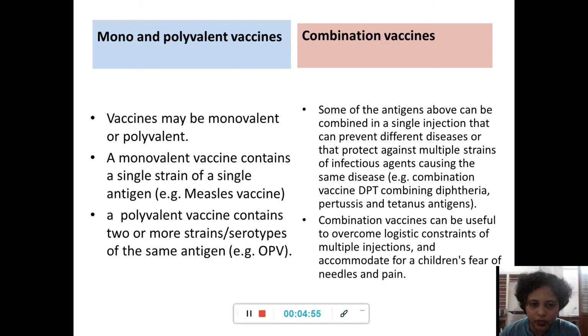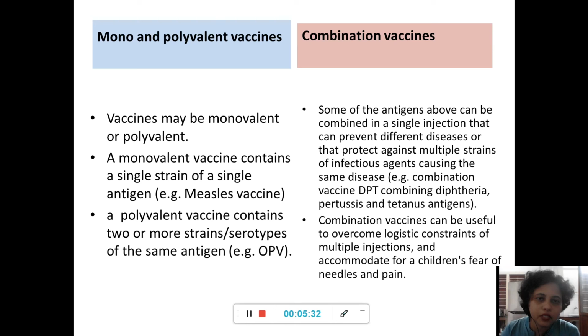But in the case of the polio vaccine, the oral polio vaccine, you are taking different strains of the poliovirus. A vaccine which has been prepared using different strains of a virus is referred to as a polyvalent vaccine. When it is polyvalent, it will carry polyvalent antigens also, because different antigens will be present. But in the case of a monovalent vaccine, you consider a single strain which carries a single antigen.